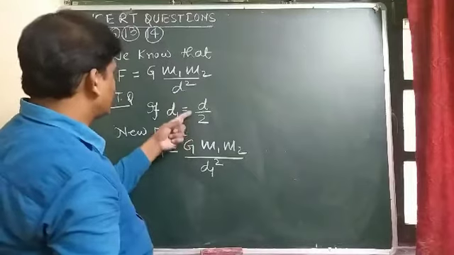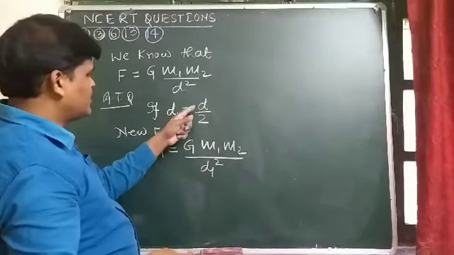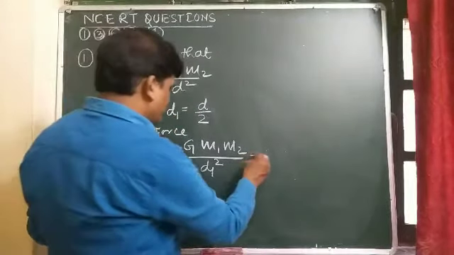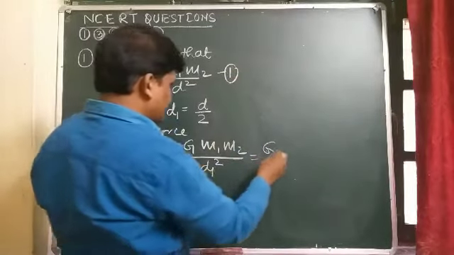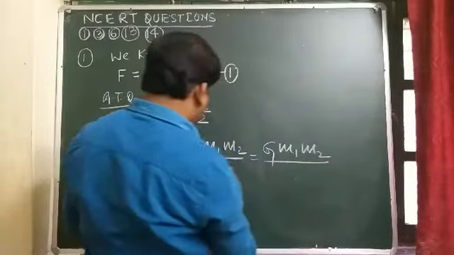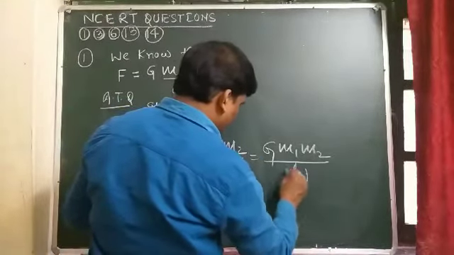Initially it was d, and after reduction it becomes d by 2, so d1 is d by 2. So we write, and this is equation 1, G m1 m2 by d1 square, in place of d1 we put d by 2 whole square.